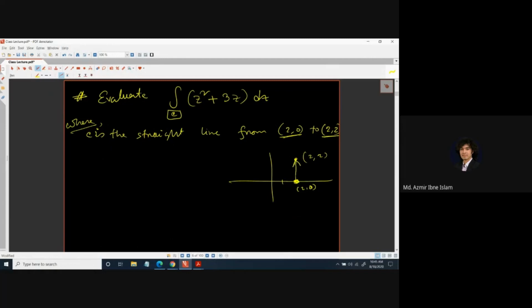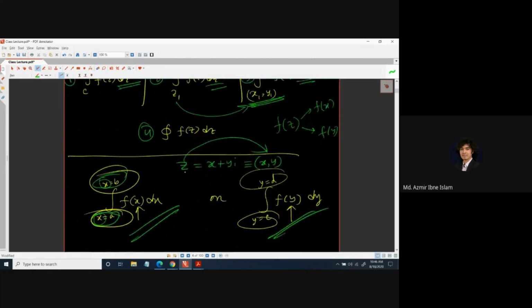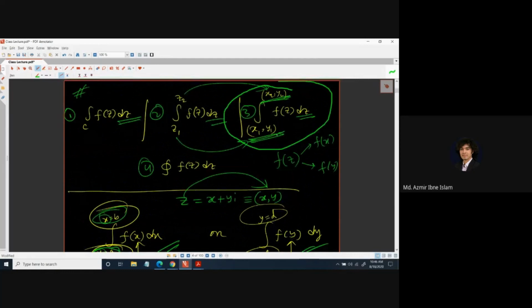Under this path, we need to evaluate the integral of z squared plus 3z. Instead of C, we can now write 2,0 to 2,2 of z squared plus 3z dz. That means it is going with the third type, integration from x1,y1 to x2,y2 of f of z dz.